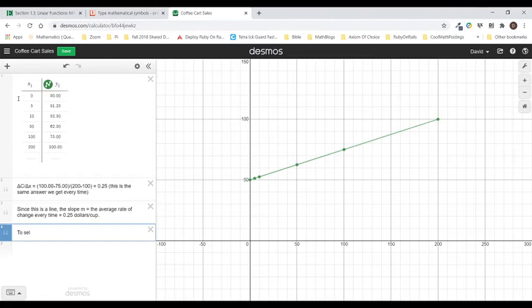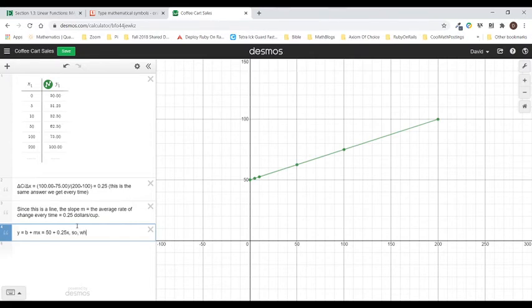Actually, why don't we do this first? I'm going to find the equation because it should be something like y equals b plus mx. We already know m is 0.25. We also know b because b is the y-intercept, and they actually gave it to us. It's 50. So this is actually just going to be equal to 50 plus 0.25x.